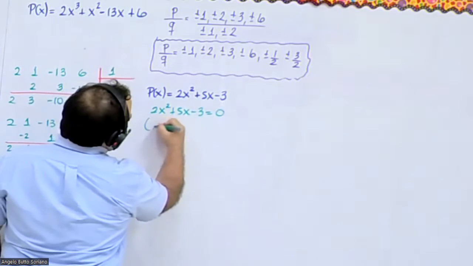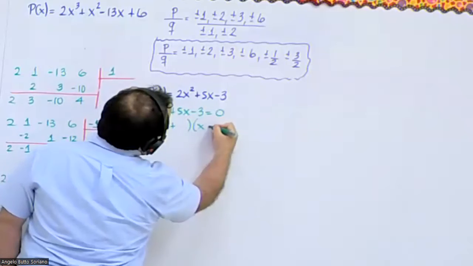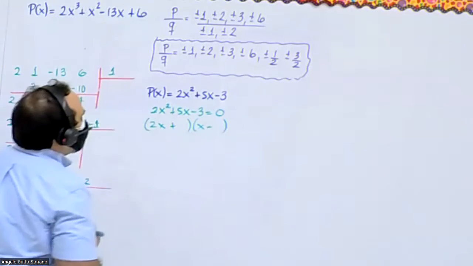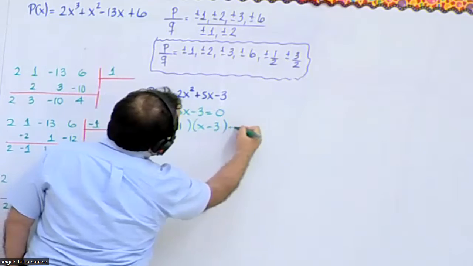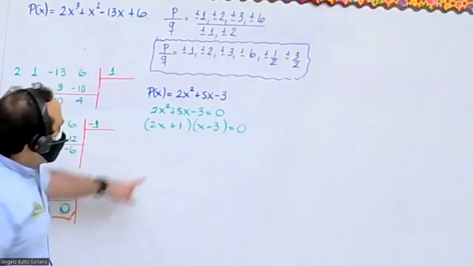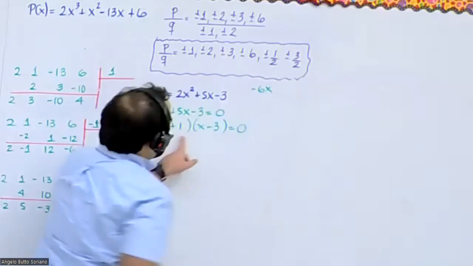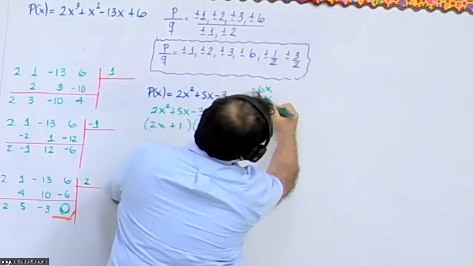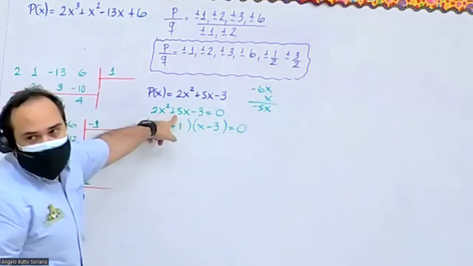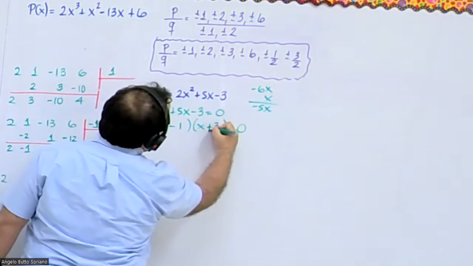We need a couple of numbers giving us 2x positive and x negative. Give me 2 numbers whose product gives 3, 1 and 3. Remember, 2x times negative 3, negative 6x. 1 times x, that will be x. The answer gives us negative 5x. That's supposed to give us positive, so we change the sign.